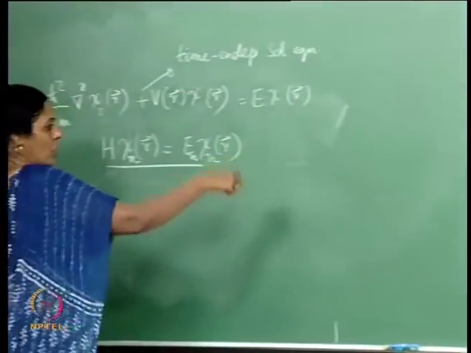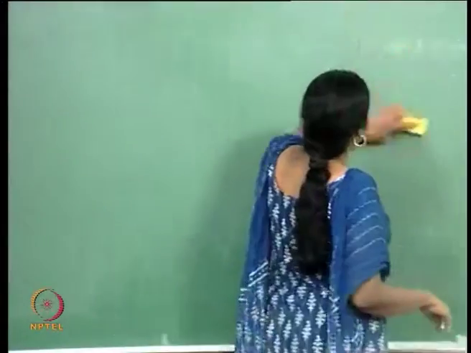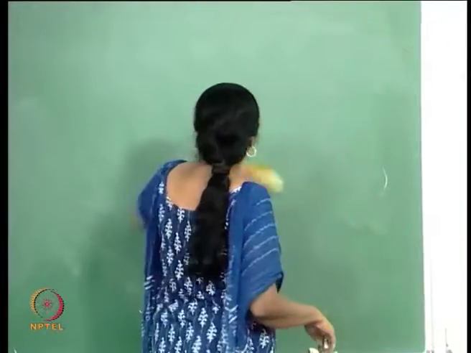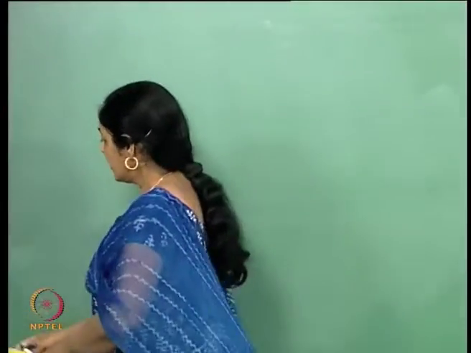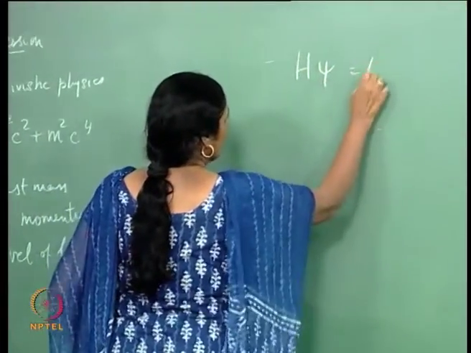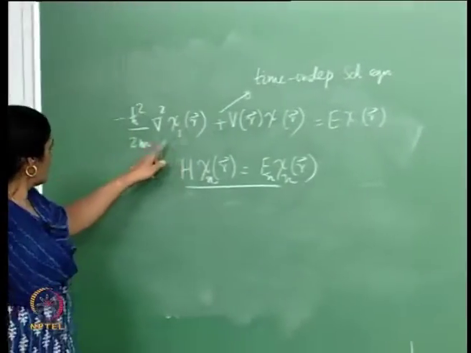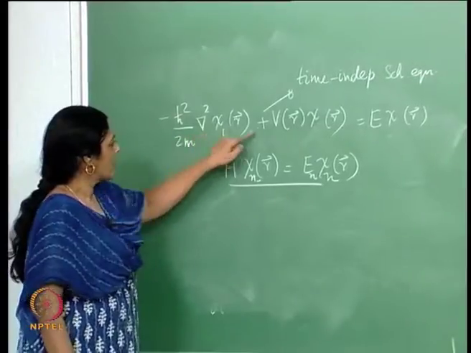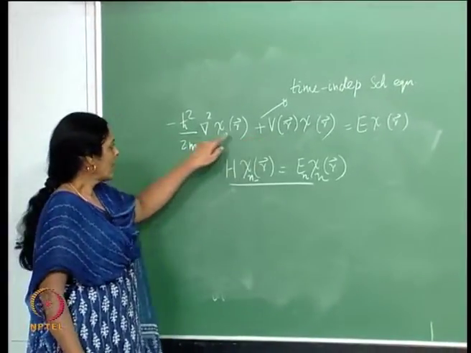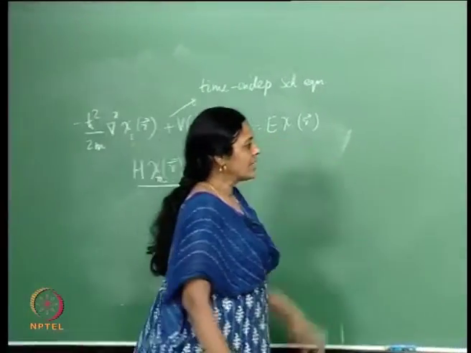Now returning to the non-relativistic case, which is all that we will be looking at, I have the following. In general, I seem to have a situation Hψ equals Eψ. Look at this, minus h cross squared by 2m del squared plus V is the Hamiltonian acting on the wave function, in this case I called it chi, is E chi.